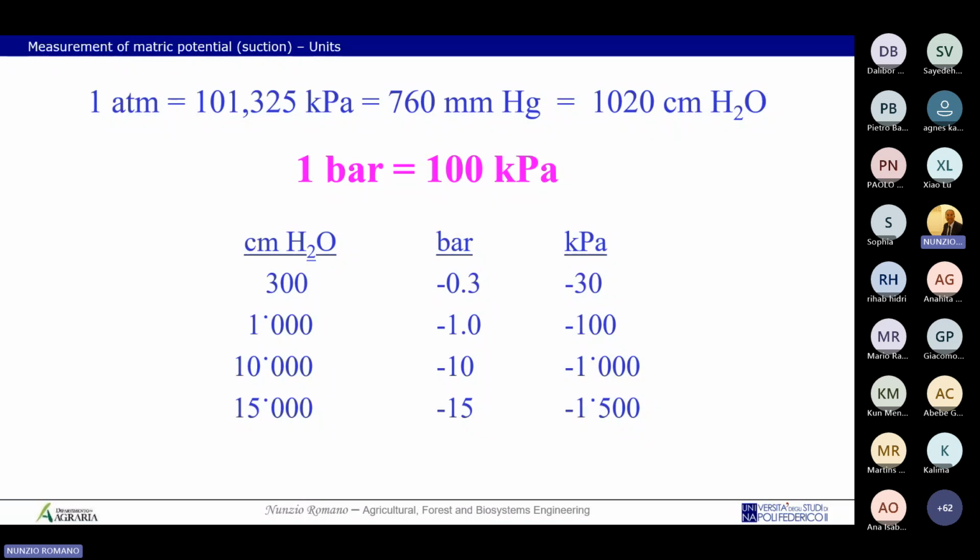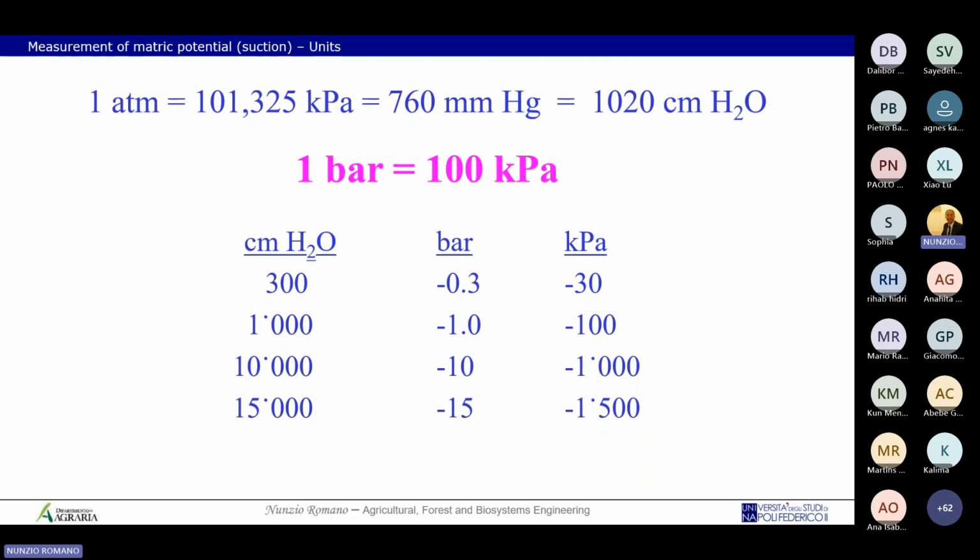And I also put in the equivalences. If we have a pressure of minus 300 centimeters of water, it means a suction of minus 0.3 bar or minus 30 kilopascal. 1,000 centimeters is 1 bar. So it's the famous 10 meters of water, which is minus 1 bar, minus 100 kilopascal.